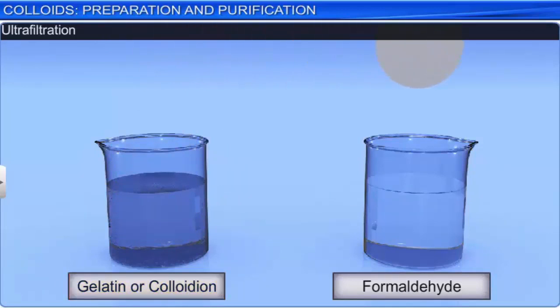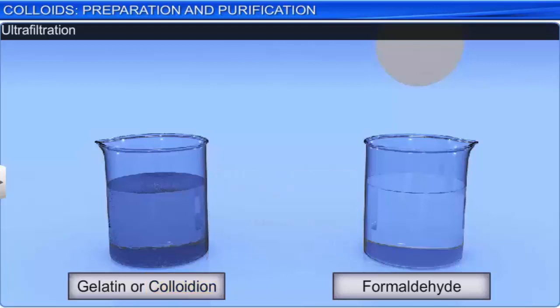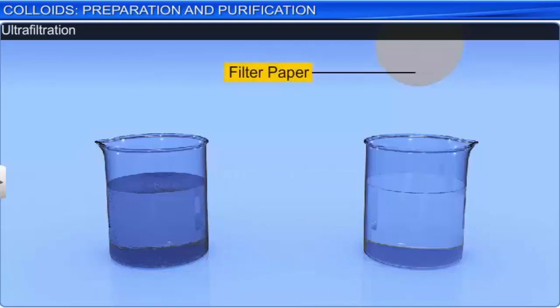Usually a collodion solution is a 4% solution of nitrocellulose in a mixture of alcohol and ether. The filter paper thus formed is known as an ultrafilter and prevents the colloidal particles from passing through it.